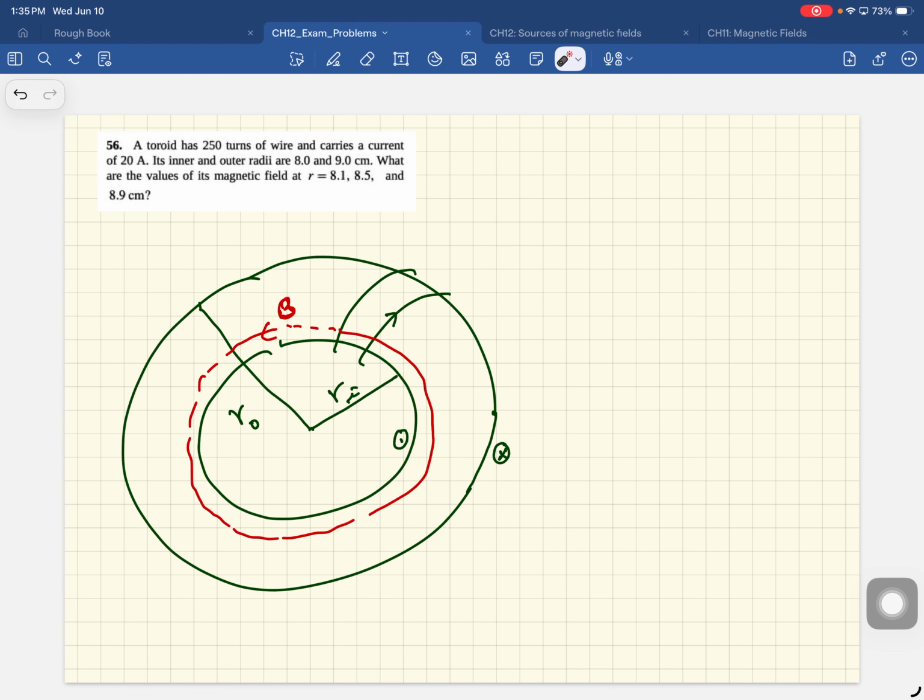Okay, that makes that 10 to the minus 5. We'll make that 10 to the minus 3. So 2 into 2.5 into 20 into 10 to the minus 3.